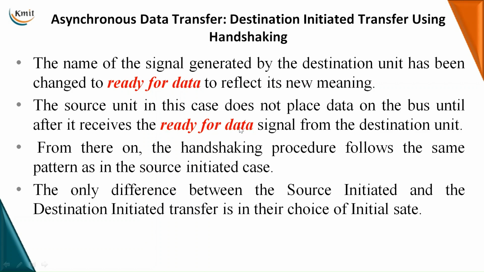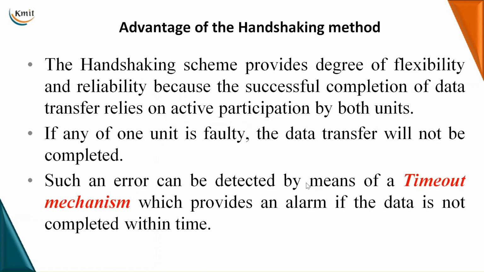Data valid signal will be enabled so that the destination will receive the data and the data accepted line will be sent. The handshaking procedure follows the same way as a source initiated handshake. The only difference between the source initiated and the destination initiated transfer is the choice of the initial state: who is taking the initiative of performing a handshaking mechanism.